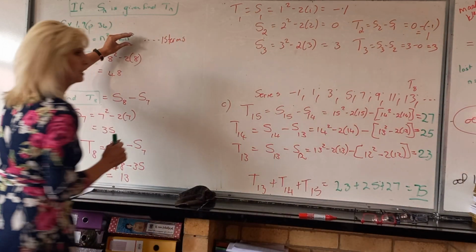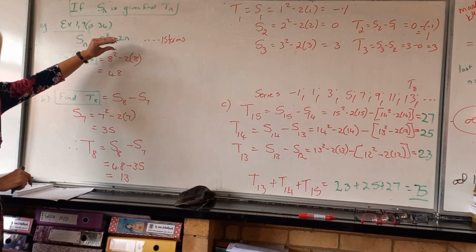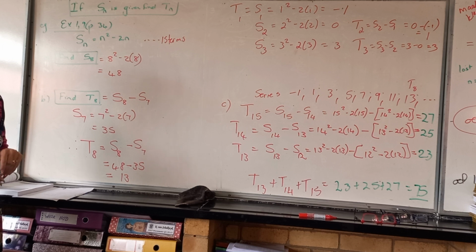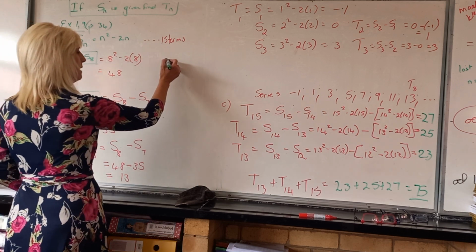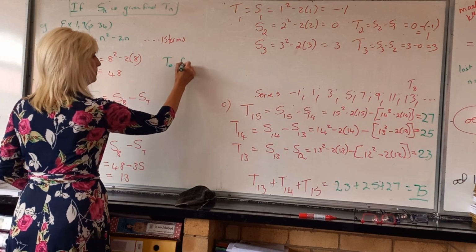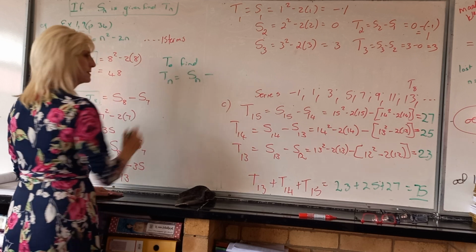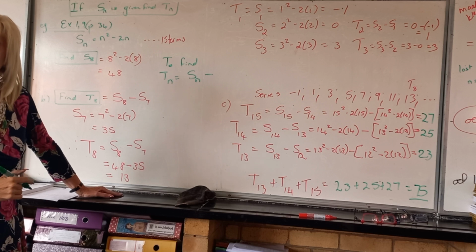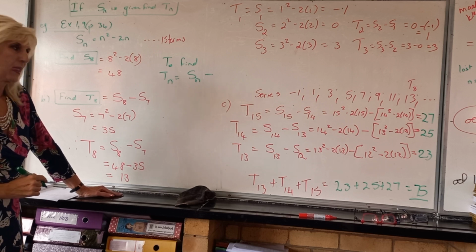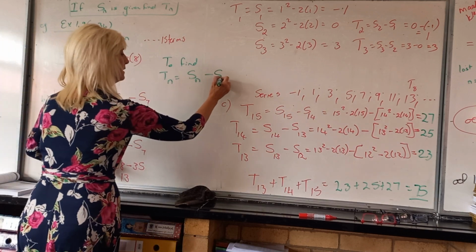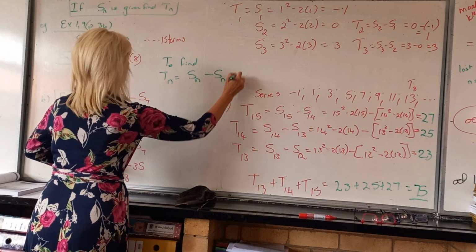Okay, it's not always going to be this elaborate, but the main thing is, if you've got an Sn formula and you want a Tn formula, you can use this method. If we want to get nice and mathematical, we can say to find Tn, it would be Sn minus S(n-1). Yes, exactly.